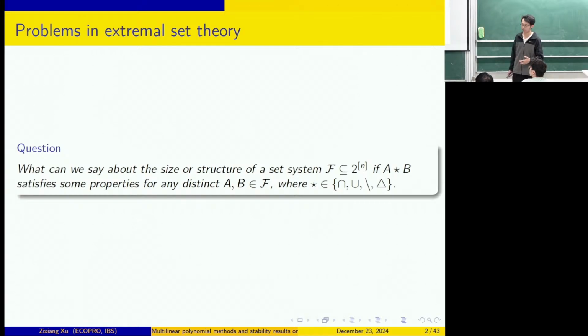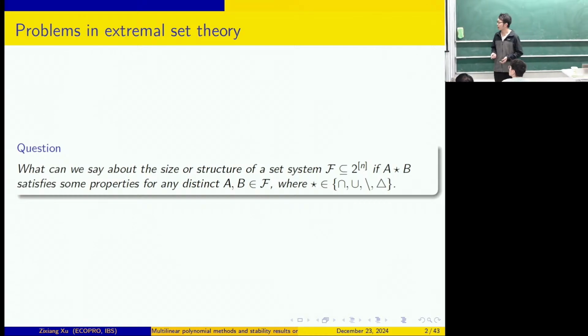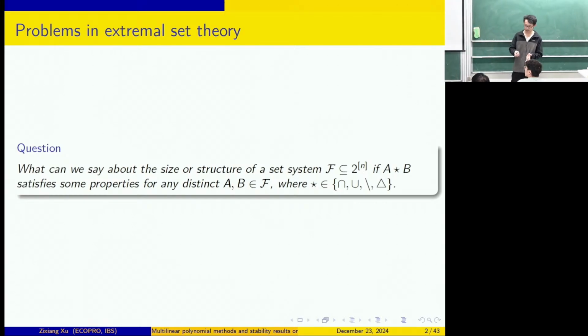And you can also define any abstract operation you want. The space can be 2 to the n, you can set some larger alphabet, and you can also use a vector space. You can also ask the question from pairwise to k-wise. So there are lots of such variants, but basically this field usually asks the problem in this form.